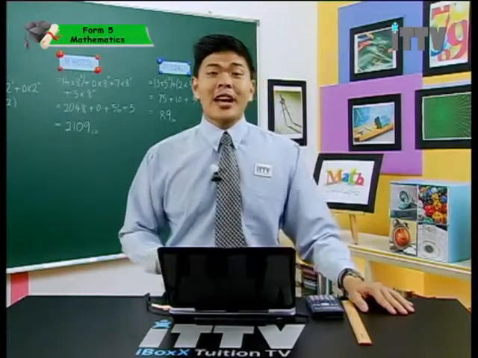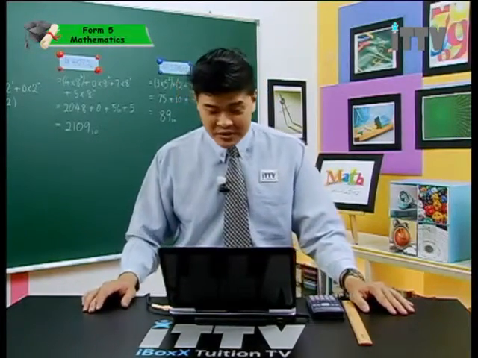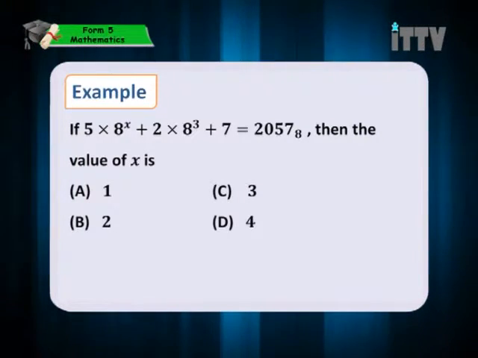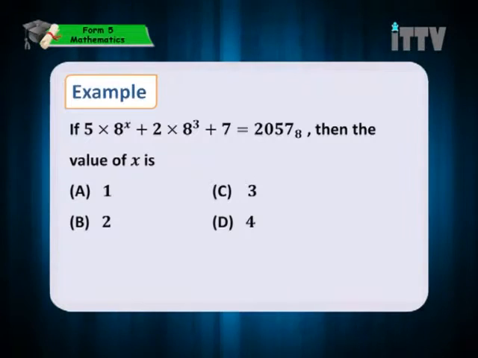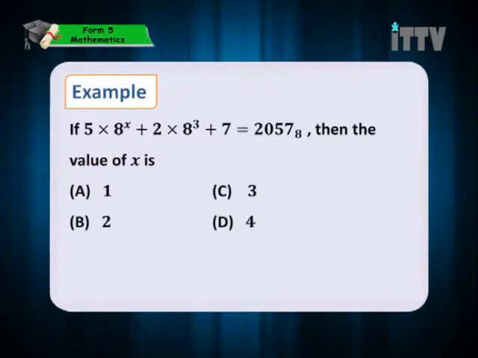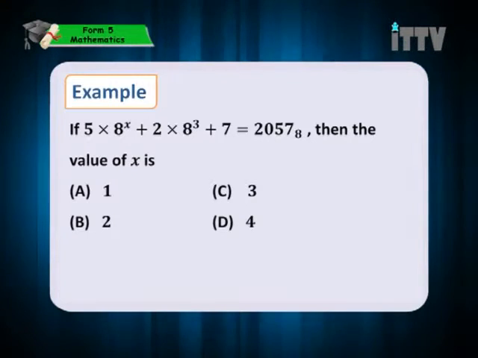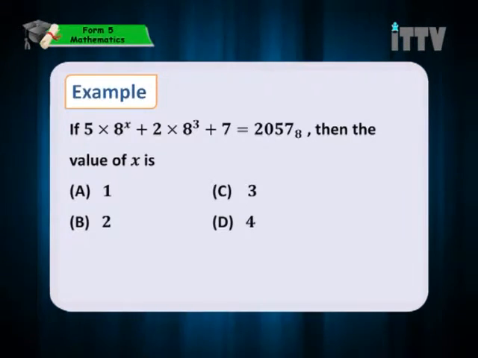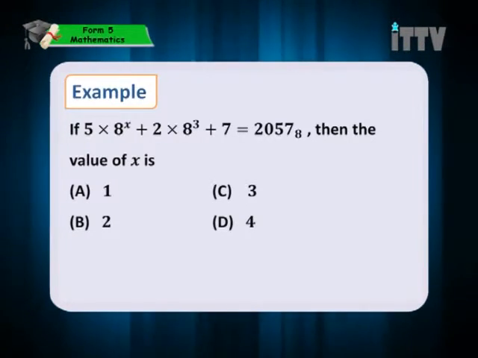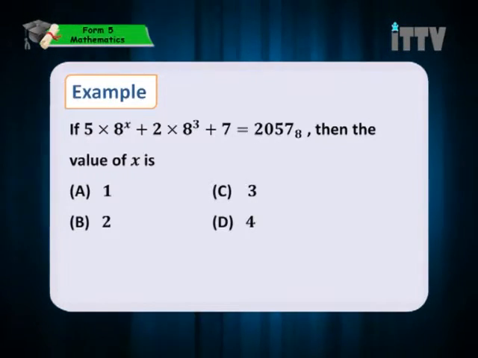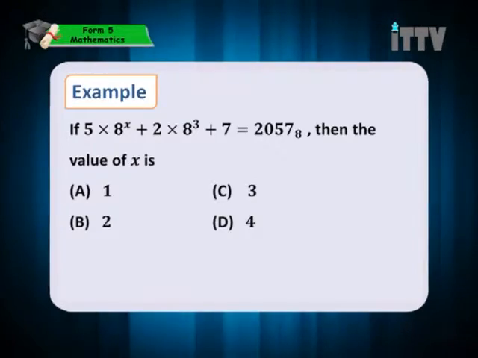Now let's take a look at a couple of objective questions. If 5 multiplied by 8 to the power of x plus 2 multiplied by 8 to the power of 3 plus 7 equals 2057 in base 8, then the value of x is it A, 1, B, 2, C, 3, or D, 4?